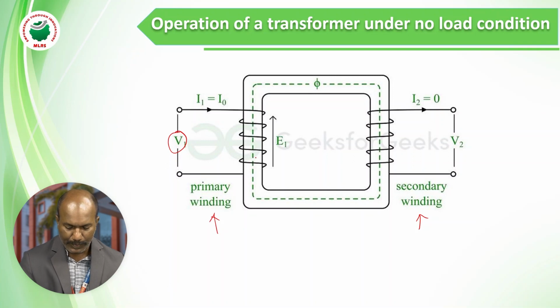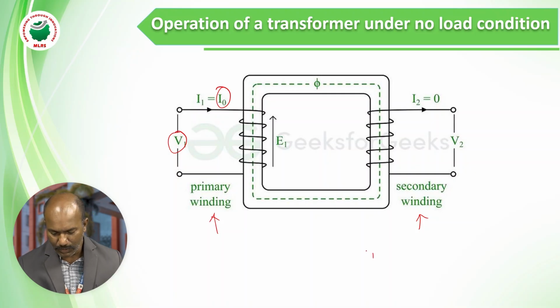Here the primary winding is connected to supply V1. So now this primary winding has a closed path. Definitely some current is flowing in this primary winding. Let me name that current as I0.